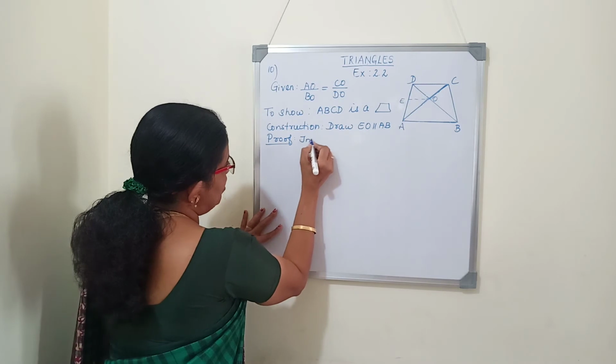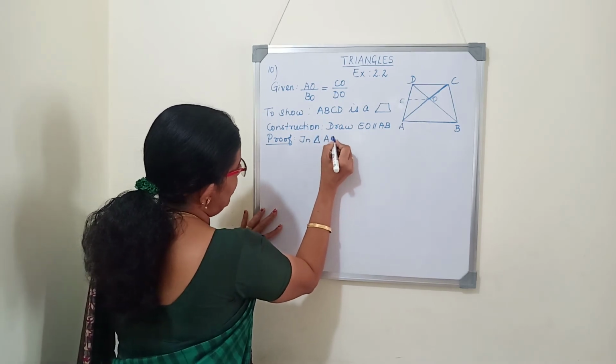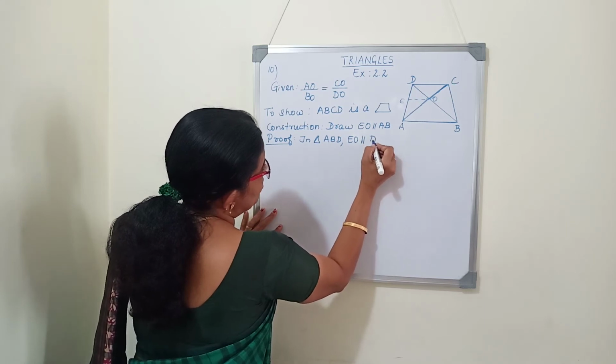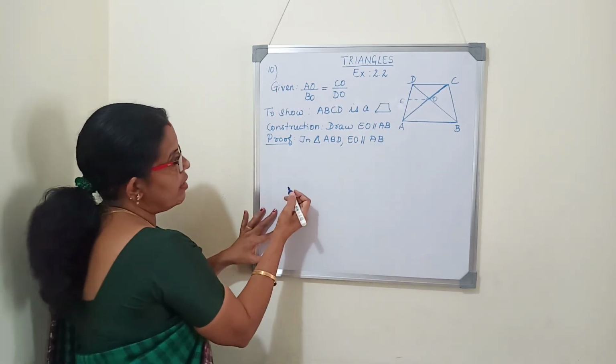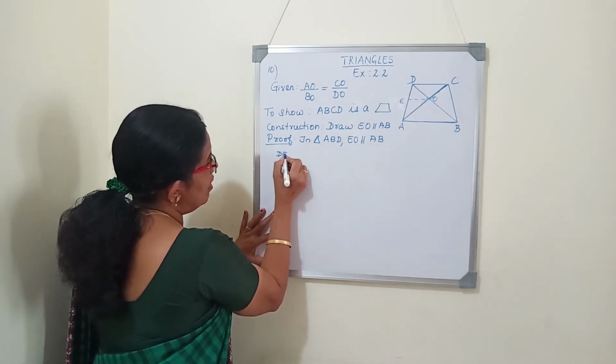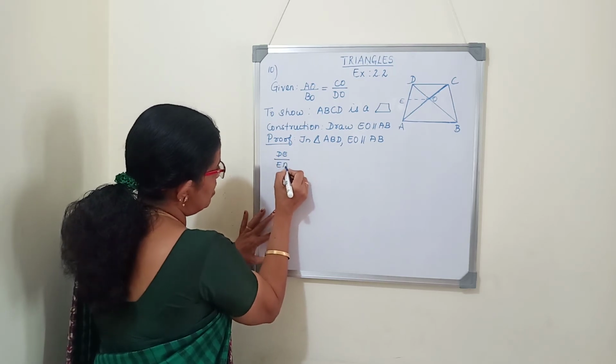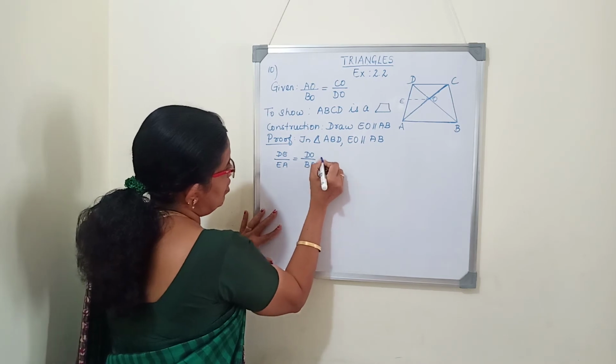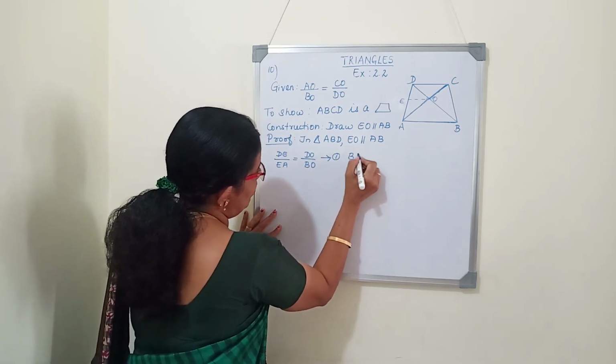So we will write, in triangle ABD, EO parallel to AB, so we can write by BPT, DE by EA is equal to DO by BO. This is equation 1, BPT.